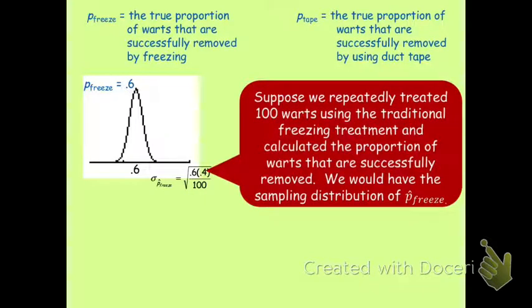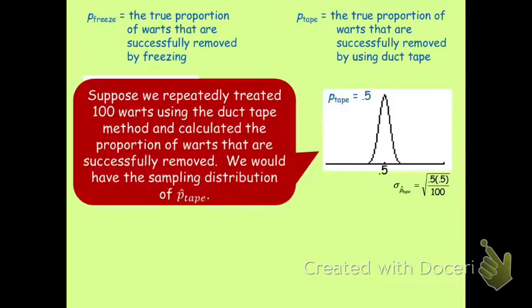Our sampling distribution for freezing, remember the mean is equal to P, and the standard deviation is what? So let's say mu of F equals P, and then the standard deviation is the square root of P times 1 minus P over N. That's the same formula, but I'm just doing it twice now.